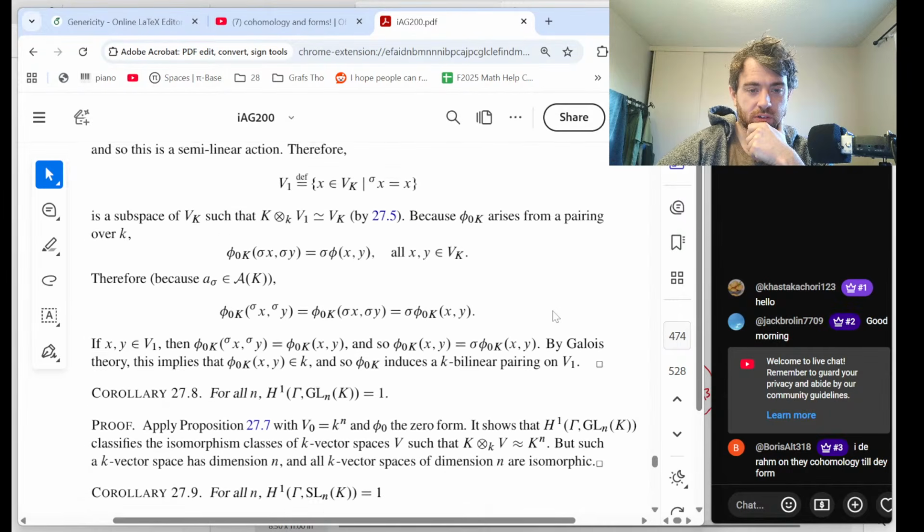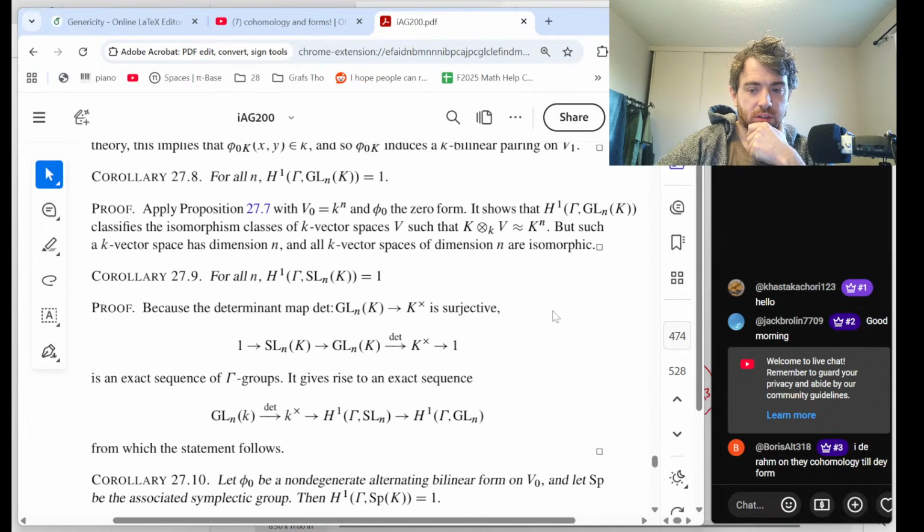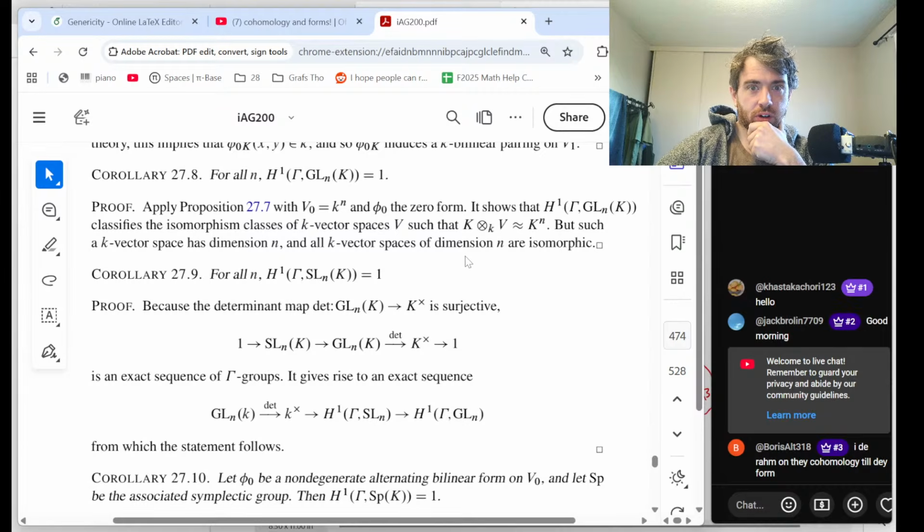I think we saw that statement last time. And so, as a consequence, for all n, the Galois cohomology in GL_n and SO_n is trivial. Consequently.